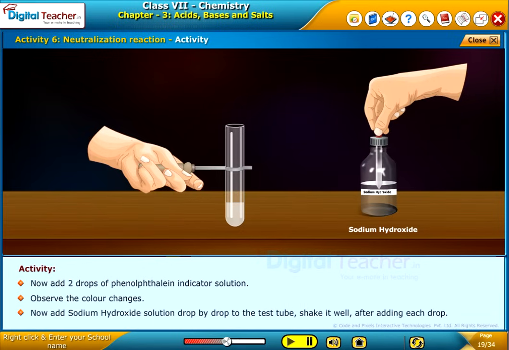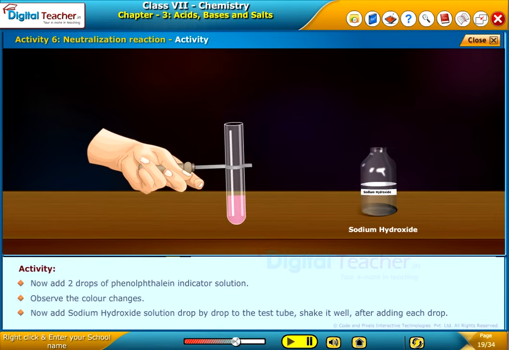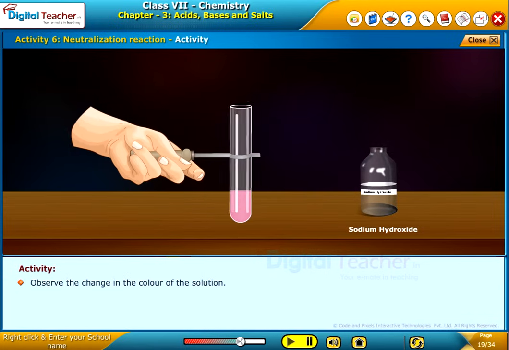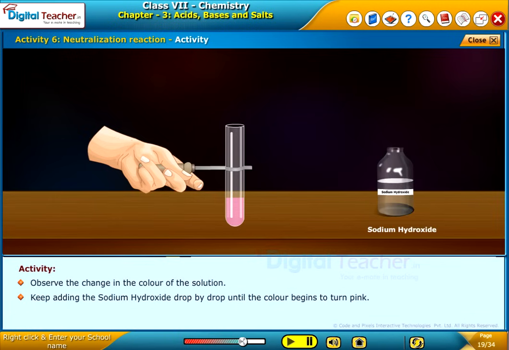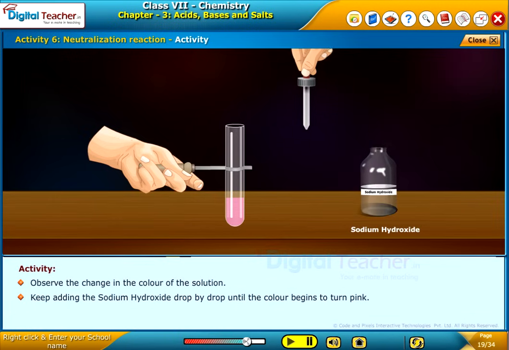Now, add sodium hydroxide solution drop by drop to the test tube. Shake it well after adding each drop. Observe the change in the color of the solution. Keep adding the sodium hydroxide drop by drop until the color begins to turn pink.